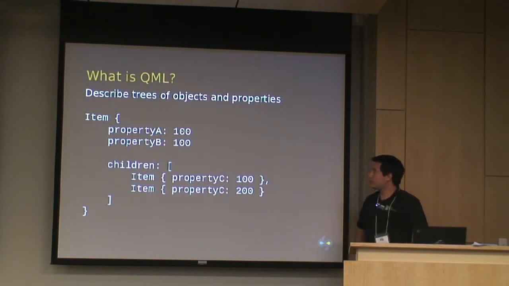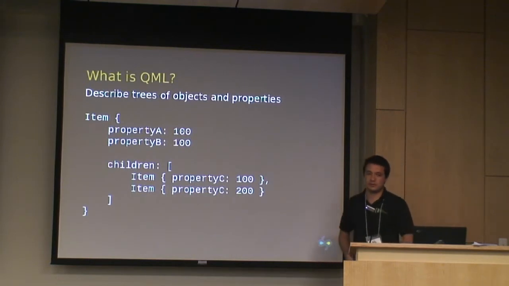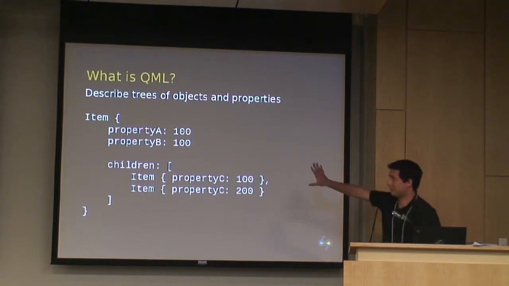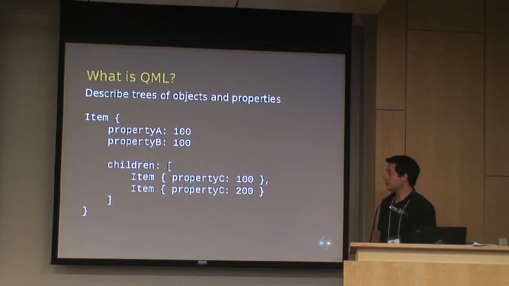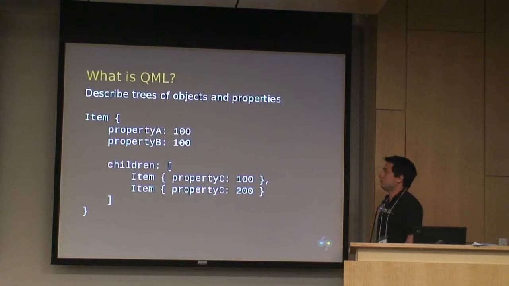QML is a language to describe trees of objects and properties. It's really that simple. It shouldn't be hard to understand that. So I put an example. You have an item, which is an object, and it has two properties, property A with the value 100 and property B with the same value, and another property which has a list as a value.